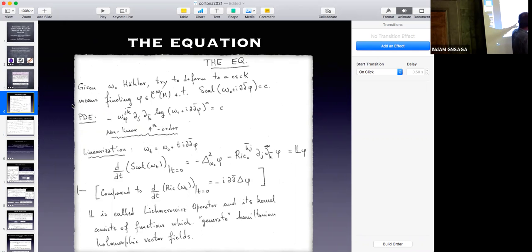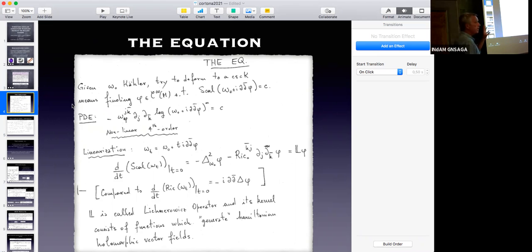In the case of the Kähler-Einstein problem, you are just producing the Laplacian. Now, in the case of the scalar curvature problem, you are producing the bi-Laplacian plus the contraction between the Ricci curvature and the ∂∂̄ operator. So it's kind of a mix of a fourth order and a second order operator. It's famous, of course, from the Riemannian point of view, as the Lichnerowicz operator.